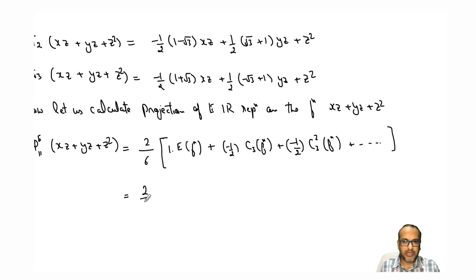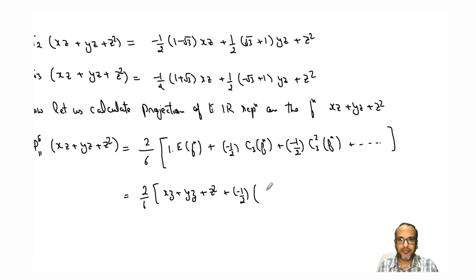So 2 by 6, effect of e will give you xz plus yz plus z square, plus minus half. Effect of C3 onto the function was minus half.